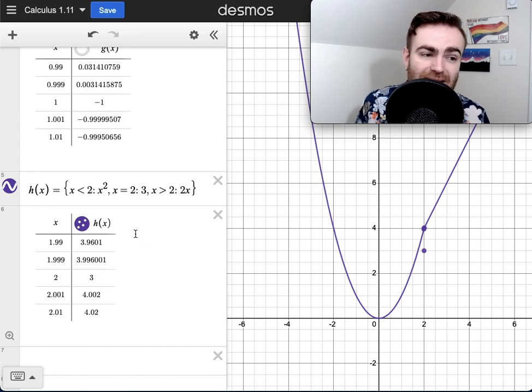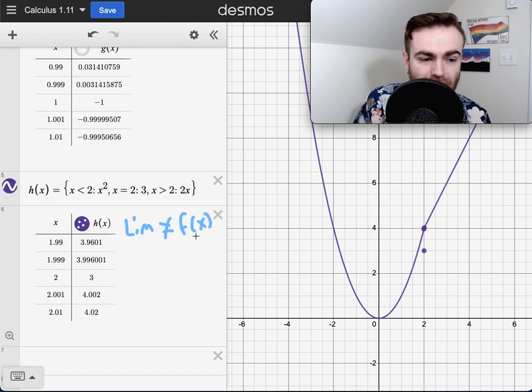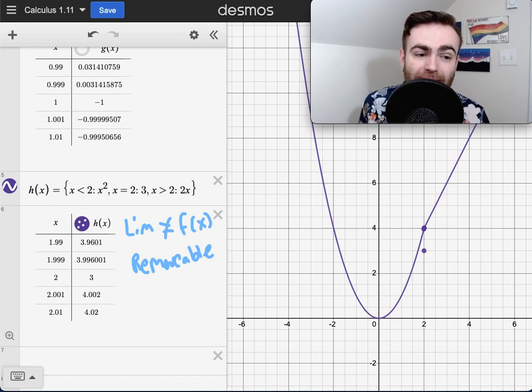And since the limit does not equal the value, we call this hole discontinuity or removable discontinuity. I'm pretty sure I misspelled that, but that's perfectly fine. It's removable discontinuity. And that is represented graphically here. We can see the value exists, but it doesn't quite exist there.